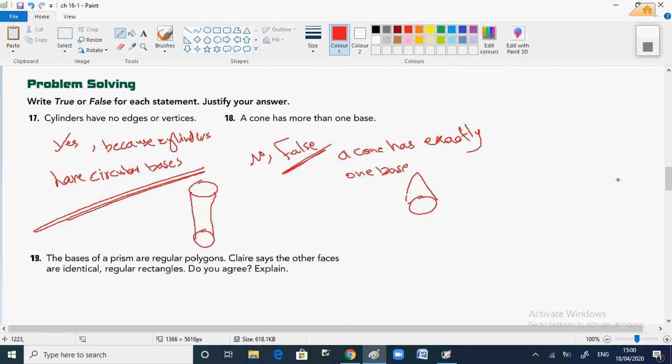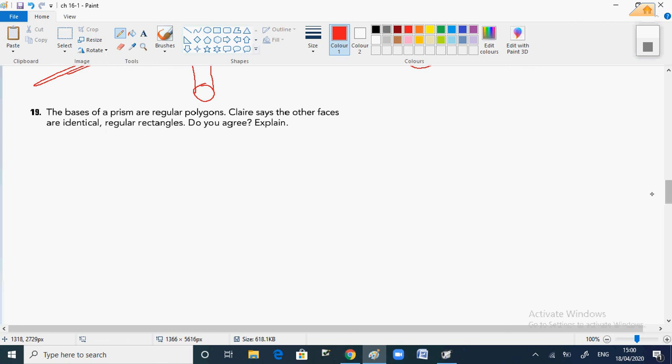Okay? Now, the bases of a prism are regular polygons. Claire says the other faces are identical regular triangles and rectangles. Do you agree? No, I don't agree. Why?